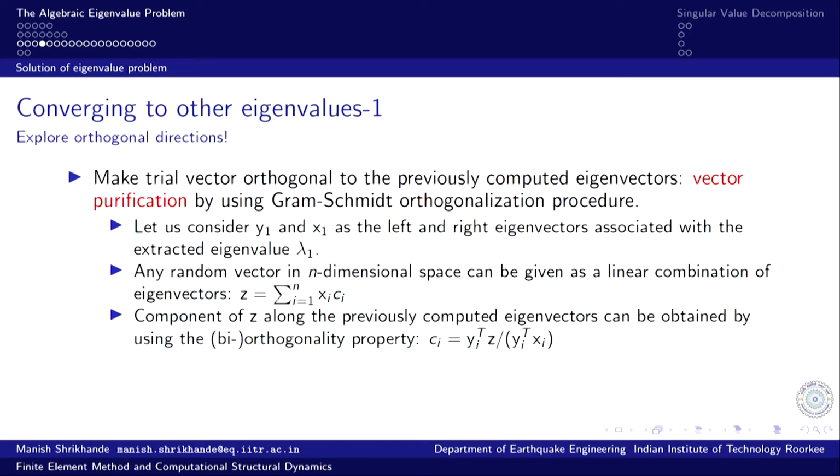So, the component of x i in z is c i, and that is given by this relation, the projection. And once we have this, how do I make the trial vector orthogonal with respect to x i? I just subtract the component of x i from z. x i is present in z to the extent of c i x i, c i being the weighting coefficient.